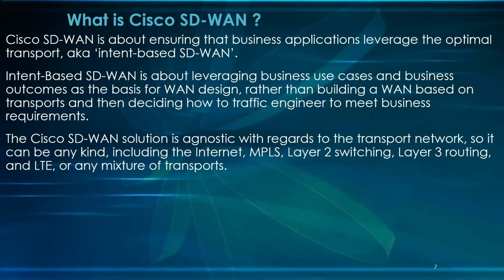So we need something which can help us quickly deploy a site, quickly connect to different cloud providers, and be a better secure solution over the internet, right? Now what is Cisco SD-WAN doing for you? Cisco SD-WAN is about ensuring that business applications get the optimal transport.